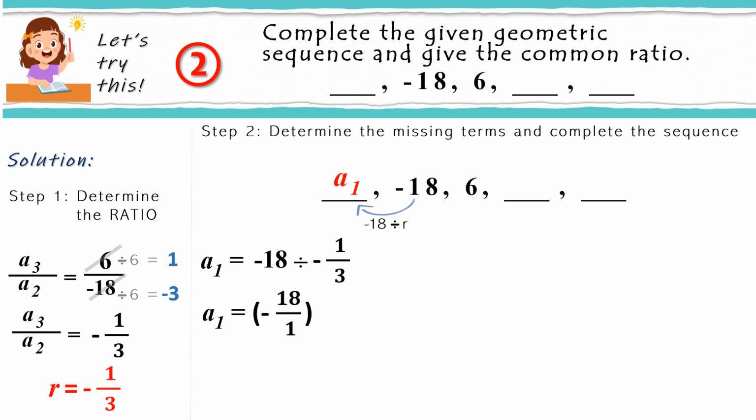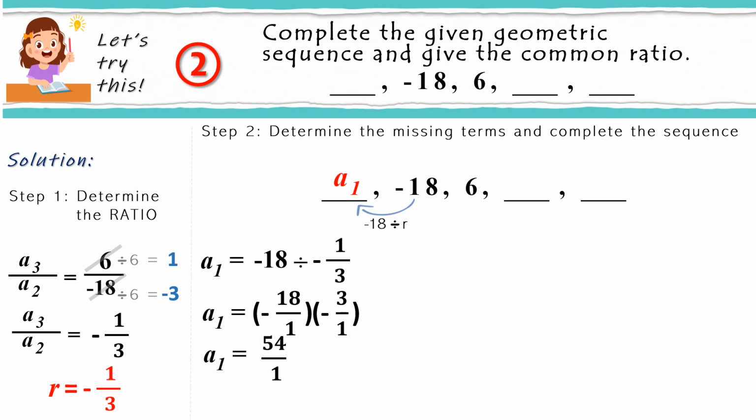So, yan ay negative 18 over 1 divided by negative 1/3. So, since division yan, magiging multiplication at kukunin natin ang reciprocal ni 1/3 which is 3 over 1. At magpo-proceed tayo sa multiplication.